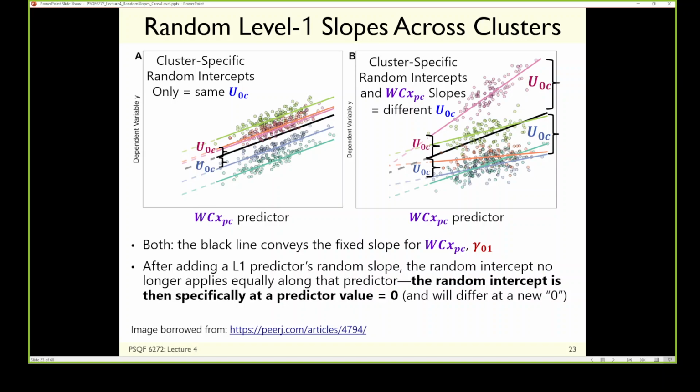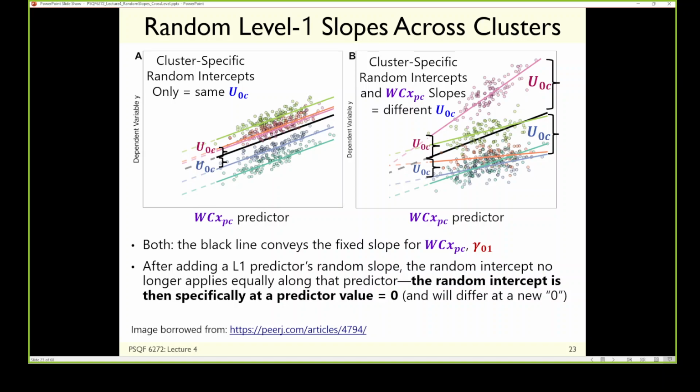And it has to be an interaction with the level 1 predictor that the random slope is for. So like in this picture, I have this generic within cluster X. It would be an interaction of within cluster X with some kind of cluster characteristic. Why is it that some clusters have a stronger relationship of this person thing? Because of something about the cluster. Some kind of level 2 predictor.